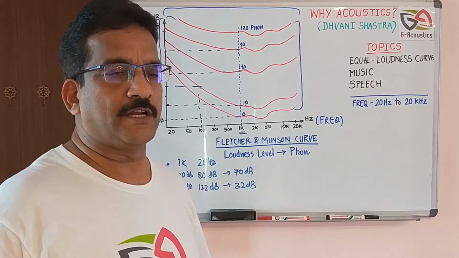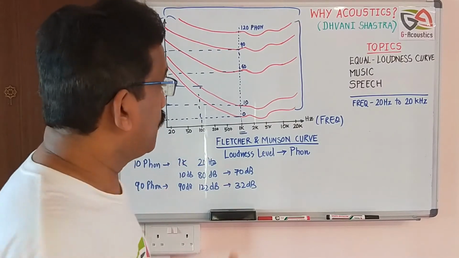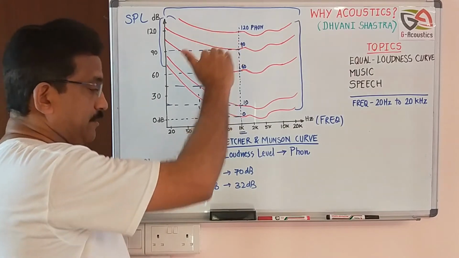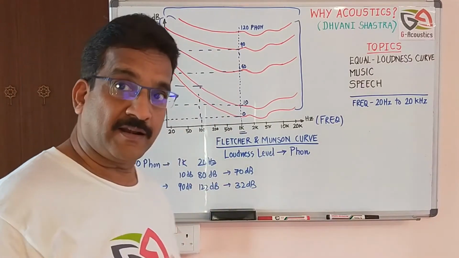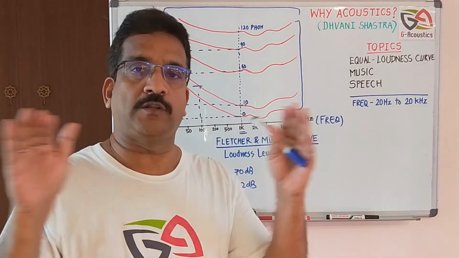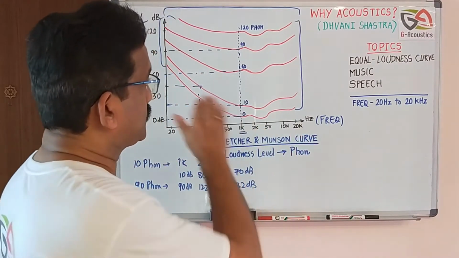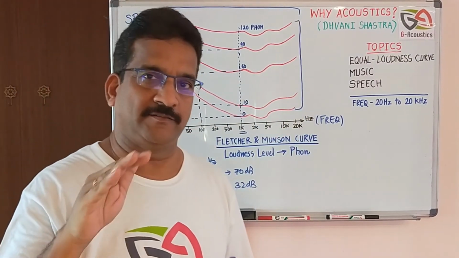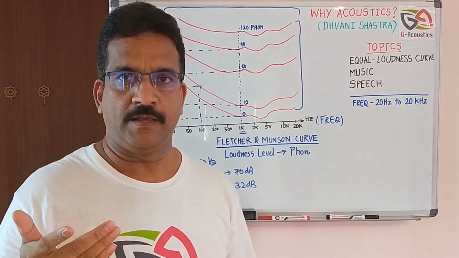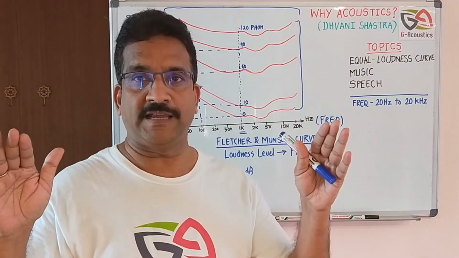You will tell your brother, can you just raise the level? So when he raises the level to say 90 dB, it's much better, because the loudness curve is almost flat above 90 dB, and you will hear everything at the same level.